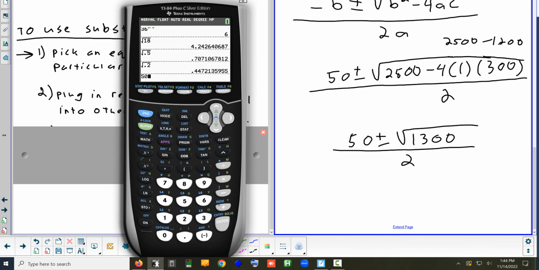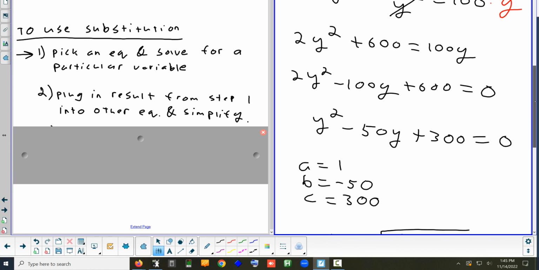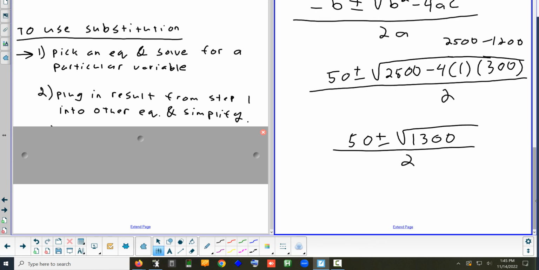So we have 50 plus the square root of 1,300 divided by 2. And that gives me 43.03, roughly. What did we just solve for? Y. Y equals 43.03.